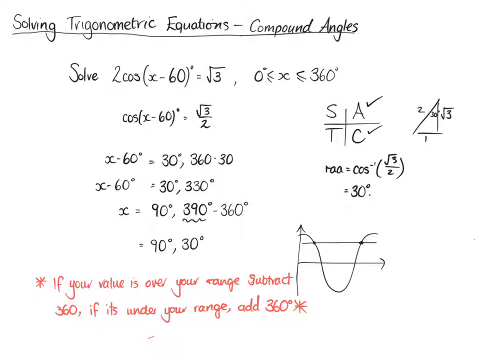It could be any value, but if you get a negative, if you add 360 to it, it'll give you the value within your range, because of the way that the wave function works, it repeats every 360. Okay, so that is compound angles. If you want any more examples, let me know. And coming up next are solving trigonometric equations that are quadratics.